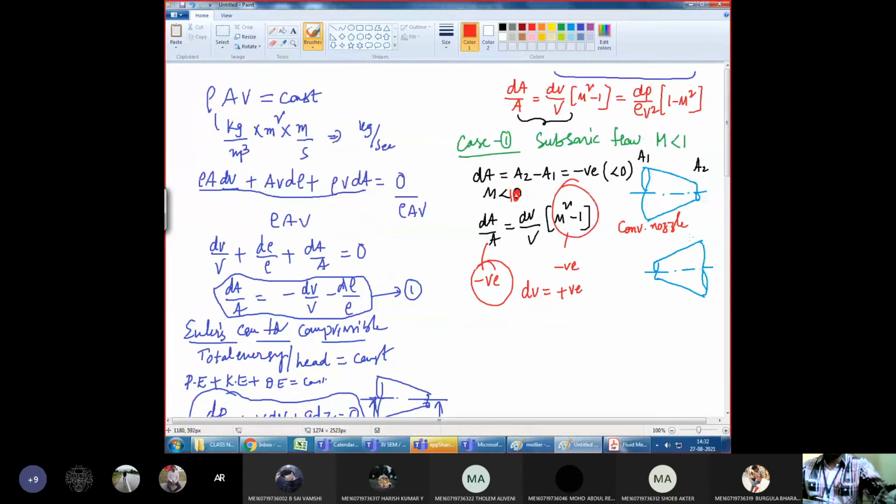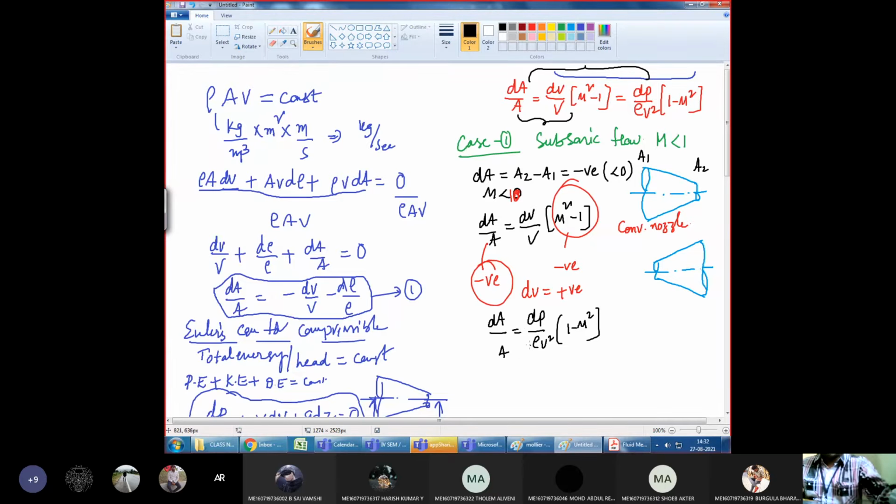Now for subsonic flow, we will see the second cross section. We will see pressure variation also. If you write area and pressure, dA by A is equal to dP by rho V square. First we equated these two; now I am equating the first and third terms: dA by A is equal to dP by rho V square into 1 minus M square.